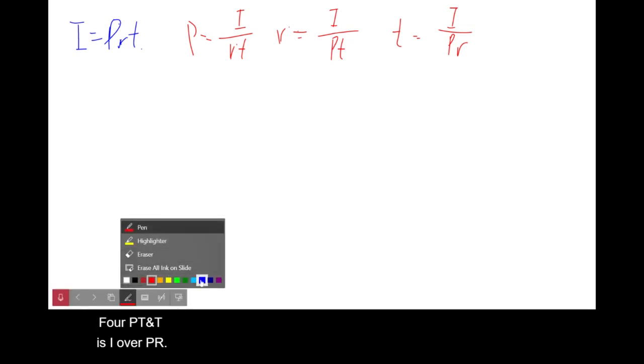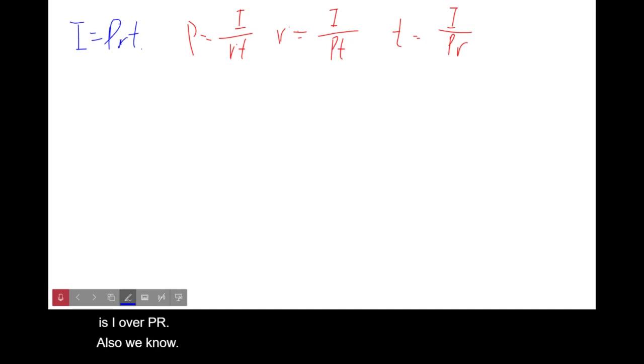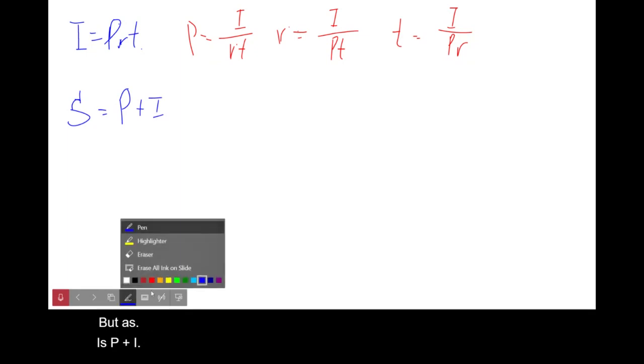Also, we know that S is P plus I, right?